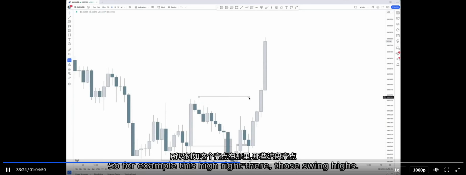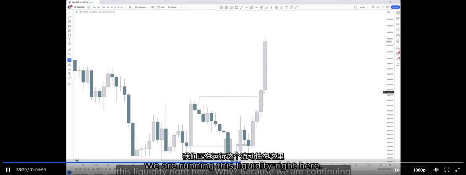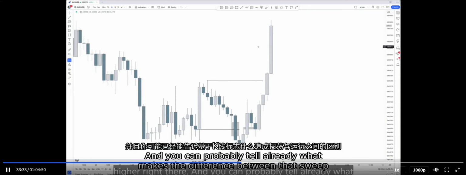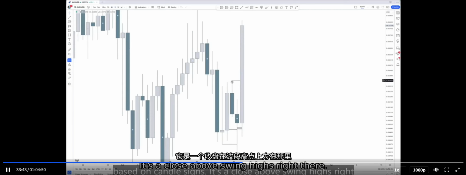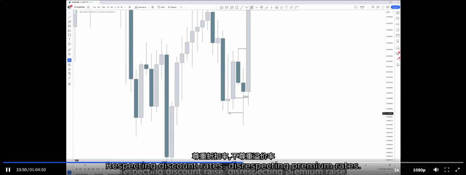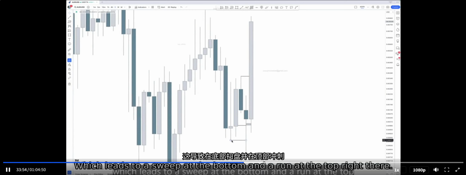So for example, this high right there, those swing highs, we are running this liquidity right here. Why? Because we are continuing higher right there. And you can probably tell already what makes a difference between that sweep versus that run based on candle signs. It's a close above swing highs right there, and it's a wick below swing lows right there, respecting discount arrays, disrespecting premium arrays, which leads to a sweep at the bottom and a run at the top right there.